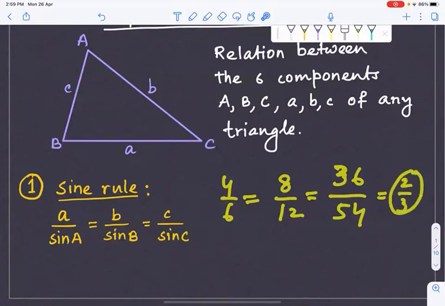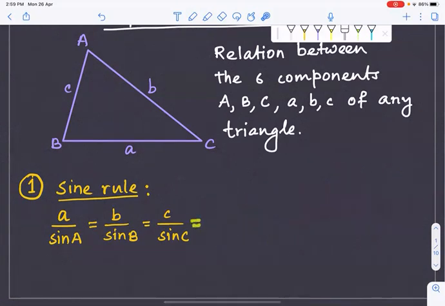That is the minimum ratio I can get. Means if three such ratios are equal, they will be equal to a constant. Similarly, here also this will be equal to a constant.